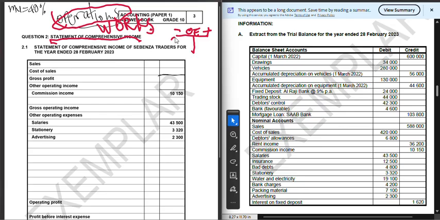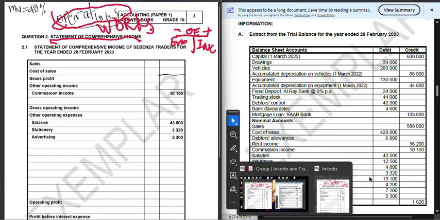And with that, I said that on the debit side, you are going to get your not incomes but expenses. Expenses. So here you will have all your expenses on the debit side, and on the credit side you are going to have all your incomes.